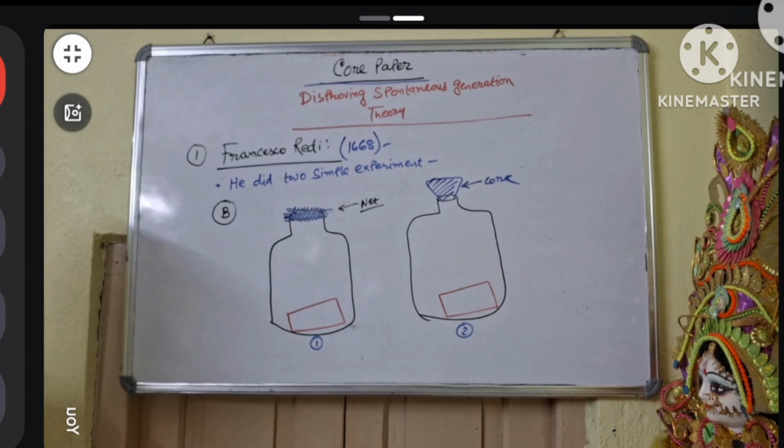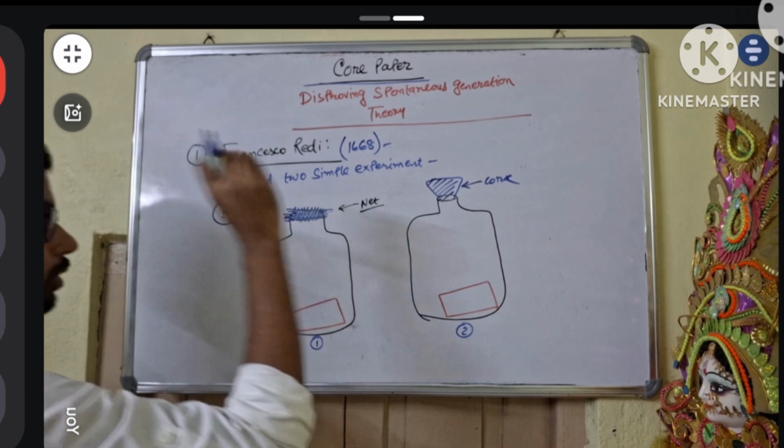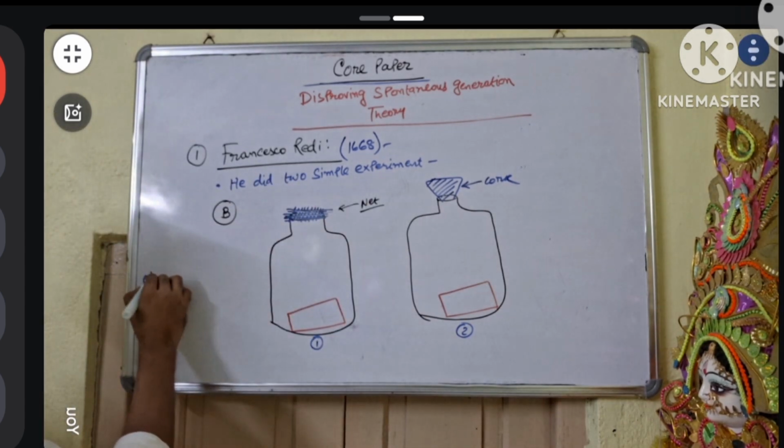Sir, it will not come. Come in jar 1 or jar 2? Jar 1? Maggots? No. So maggots appeared in both jars. Observation.